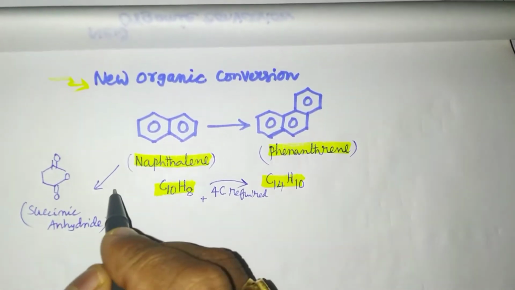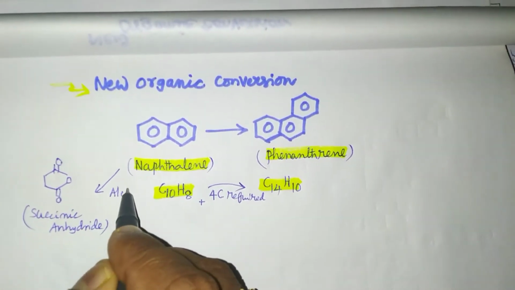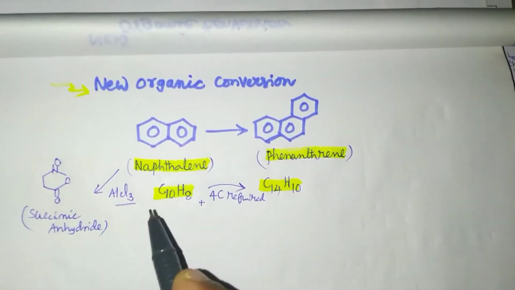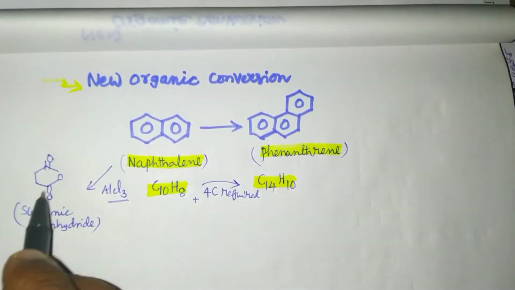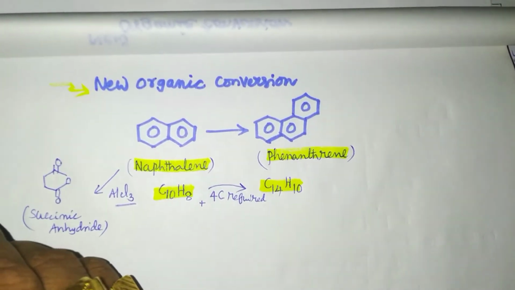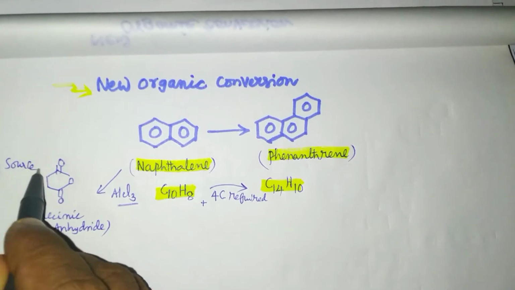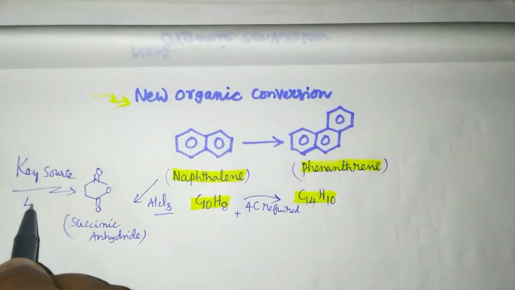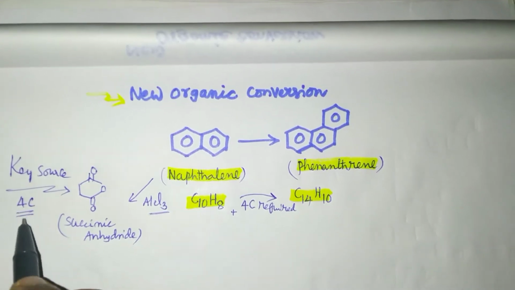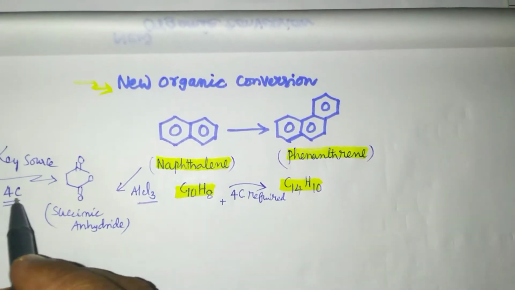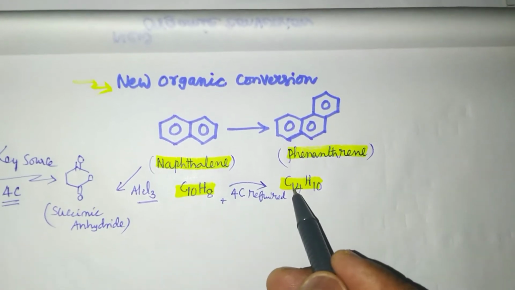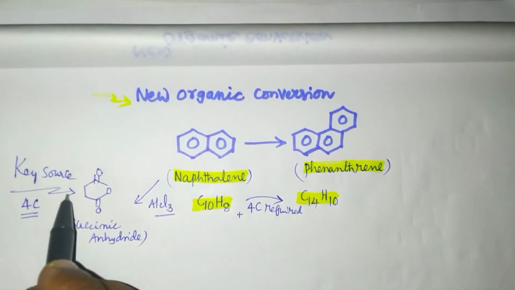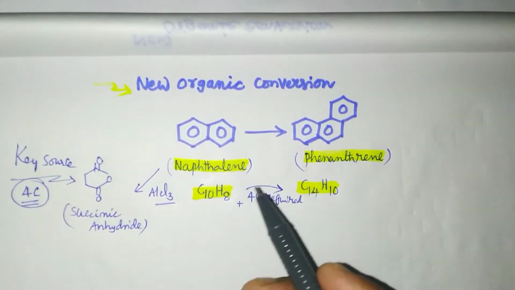This succinic anhydride reacts with naphthalene in the presence of Lewis acid. Succinic anhydride is the key source for this reaction, because succinic anhydride has 4 carbons. So C10 plus 4 gives rise to a C14 compound. So this is the key source for this conversion.